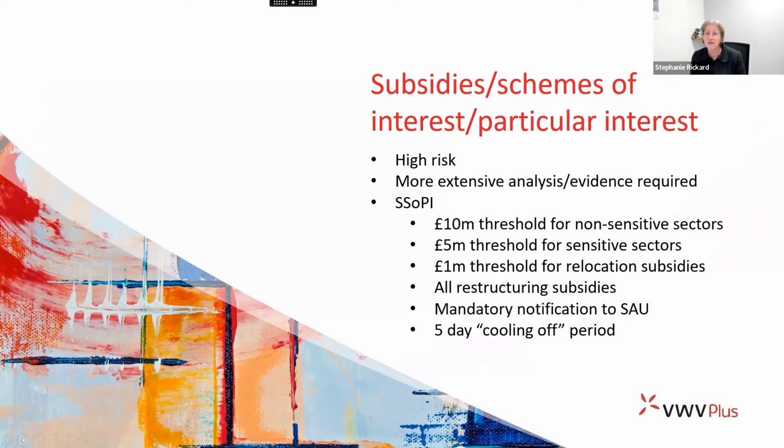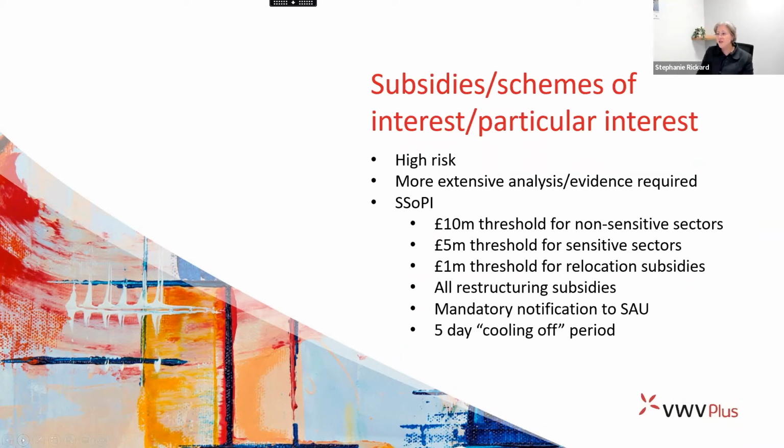So if I consider quite a lot of the schemes or subsidies that I've advised universities on, the values can be quite significant, particularly if universities are working in collaboration with a number of partners. And if a university receives a subsidy that is over the thresholds for schemes of interest or particular interest, then that requires another level of scrutiny.